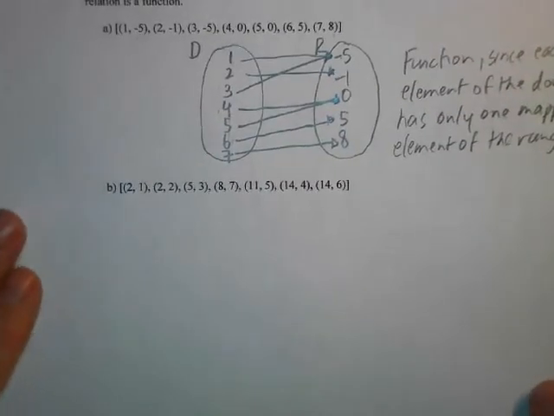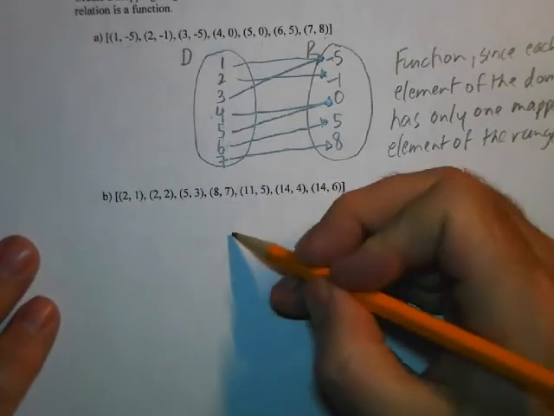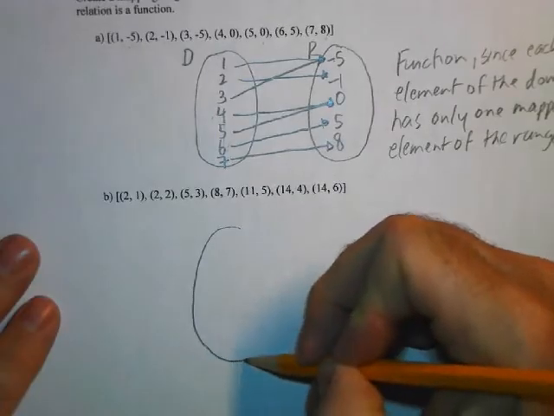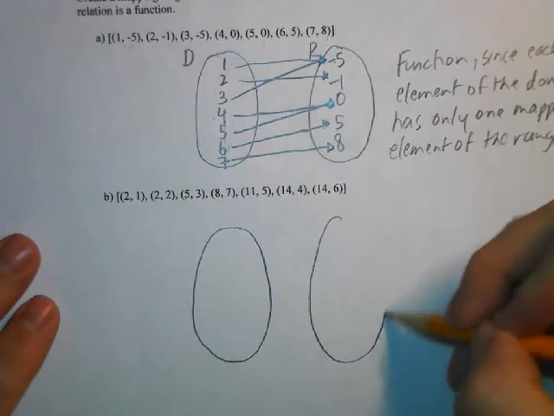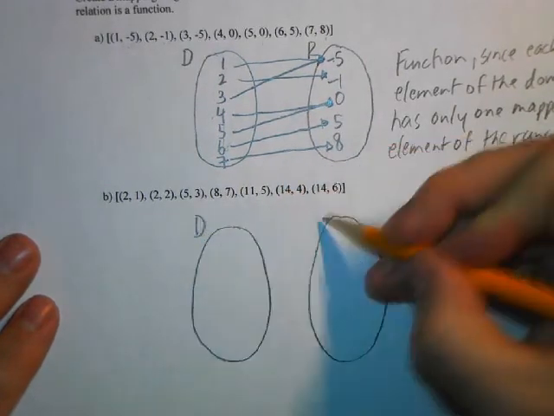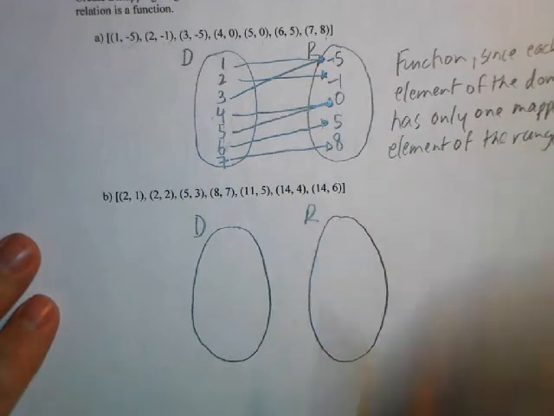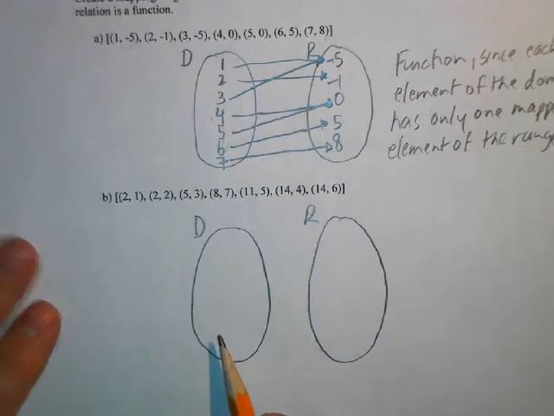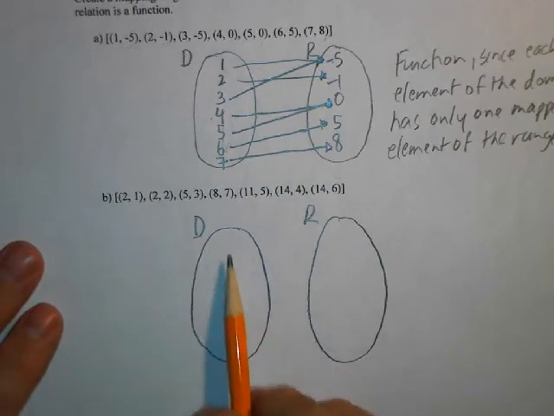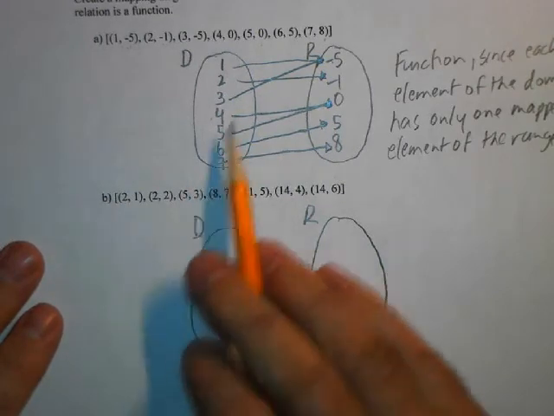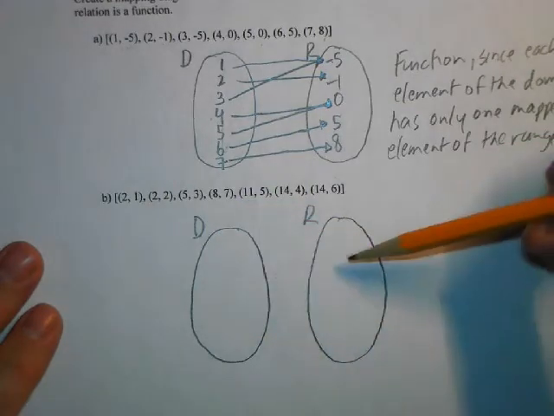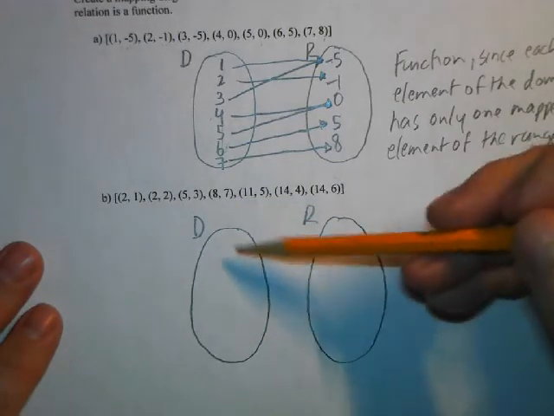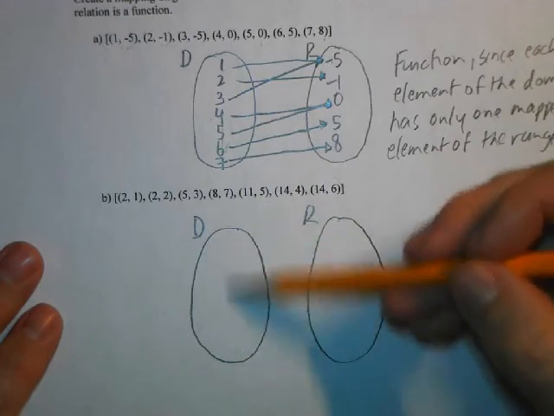Okay, so let's try the same thing with this second set of ordered pairs. So start off the same. Domain, range. Now remember, if you have multiple values for domain or range, you only put the same value here once.